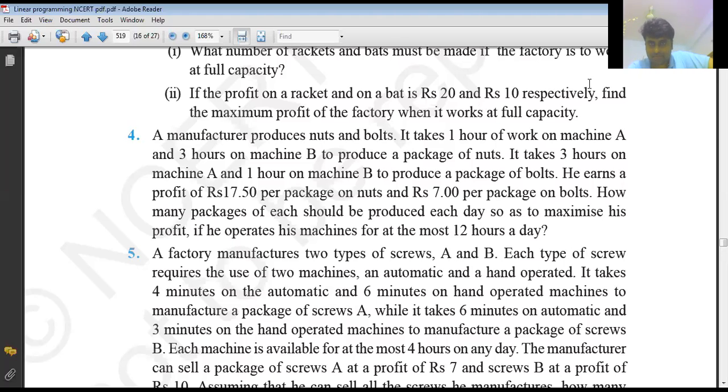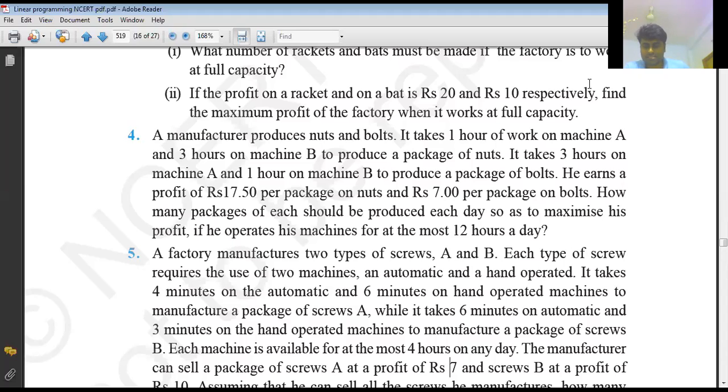What are the requirements? What is the available time to do that work? What are the constraints? These all we have to understand in the first step.